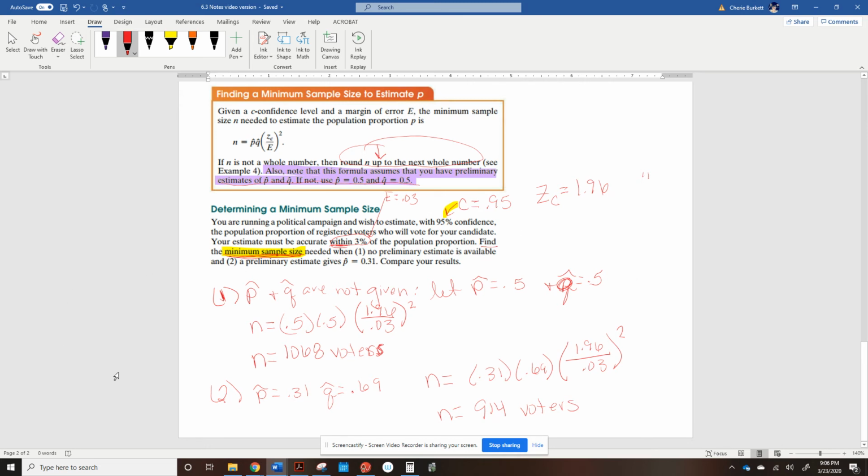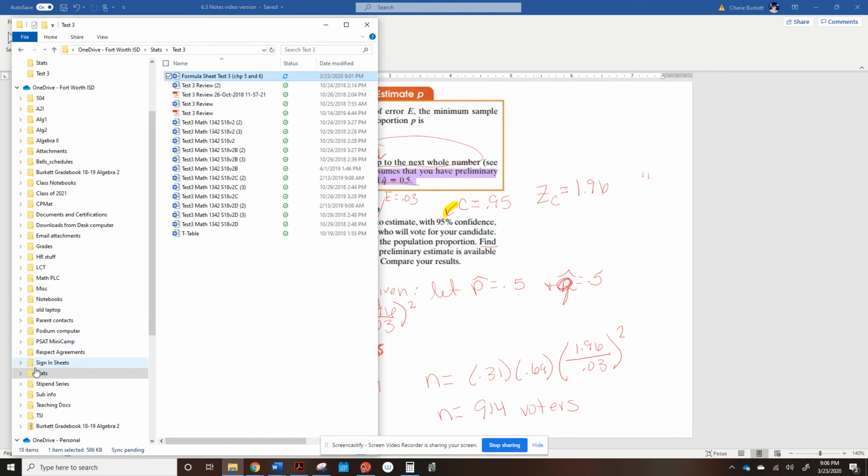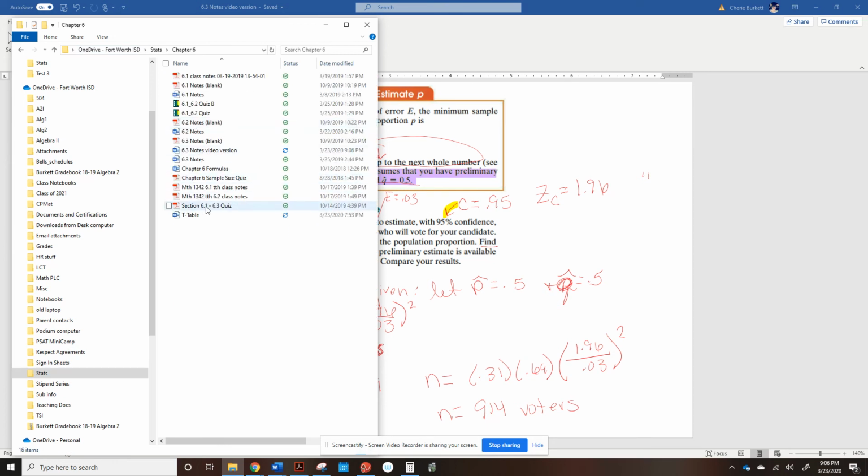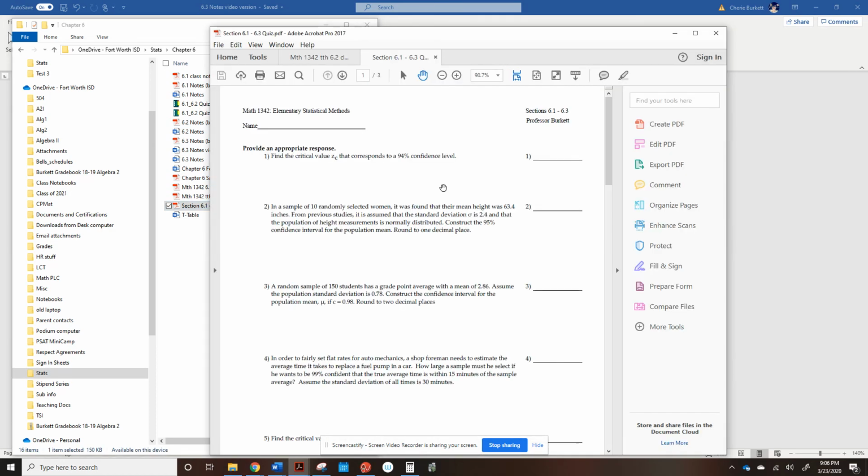Okay, so just real quick, I'm going to show you that I have a couple of things that I'm going to load for you. In chapter 6, I have a quiz. It's not going to be a quiz, but it has some sample questions. These are questions that you could see on the test, especially since these did come from the test generator, and that test generator, I think I can connect it to StatCrunch.